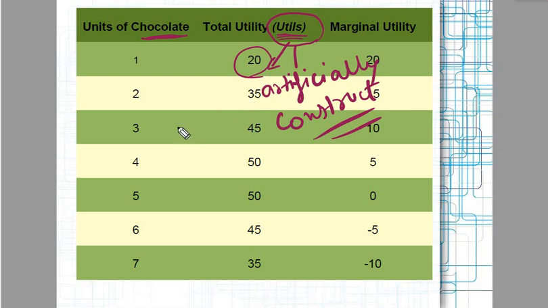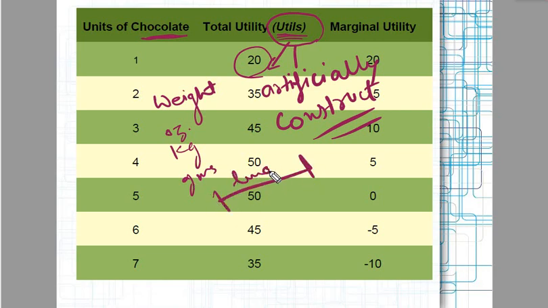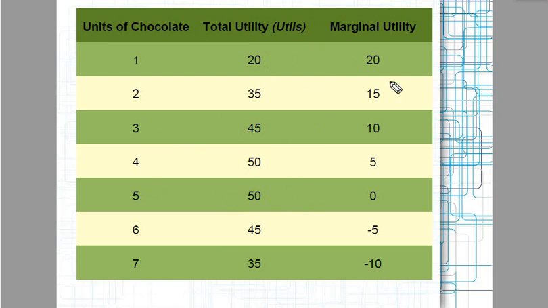Weight is generally represented in ounces or kgs or grams. Length is in centimeters, kilometers, inches, and so on. So every measure will have some kind of word associated with it. Gaussian just thought of a word called utils. You can call it anything else, but it makes sense to call it utils, because utility.